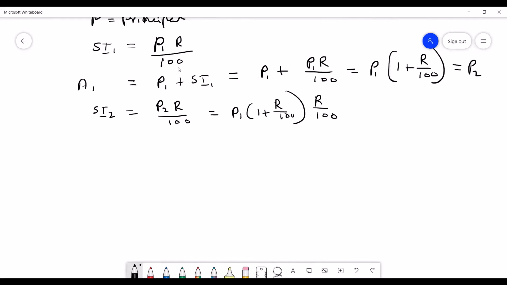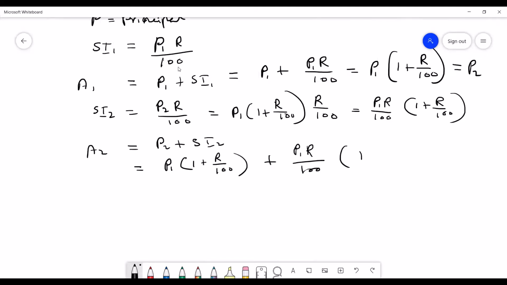So here we are having P1 R divided by 100 into 1 plus R by 100. Now A2, the total amount at the second year end, will be P2 plus SI2. Here the common factor is P1 into 1 plus R divided by 100.